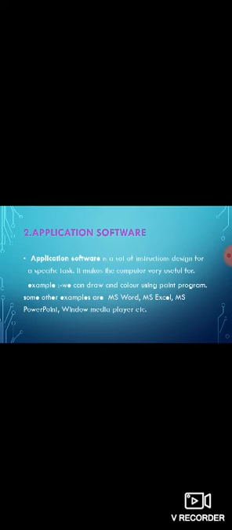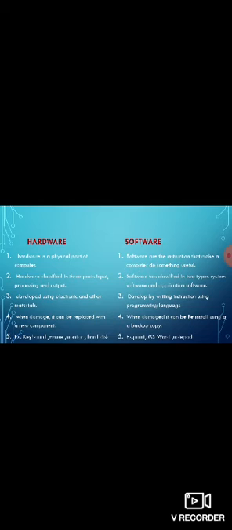In Windows Media Player we can watch movies, and in MS PowerPoint we can create our presentation. So application software is designed for a specific task. Okay, so this is the application software.